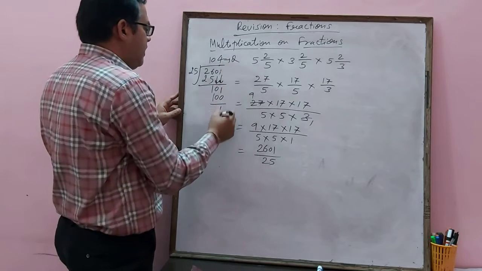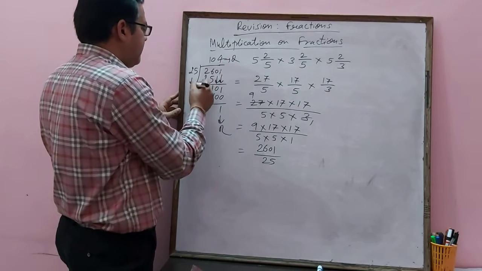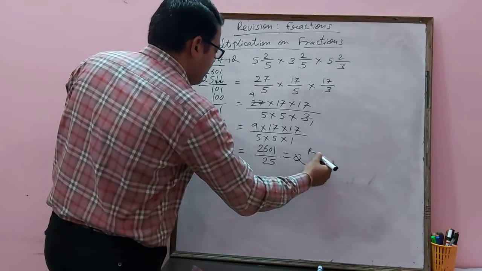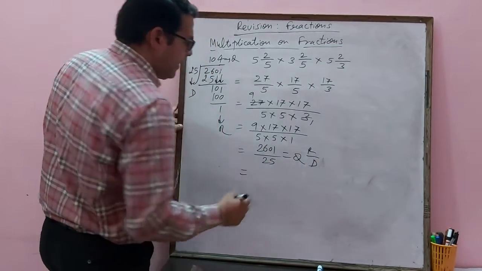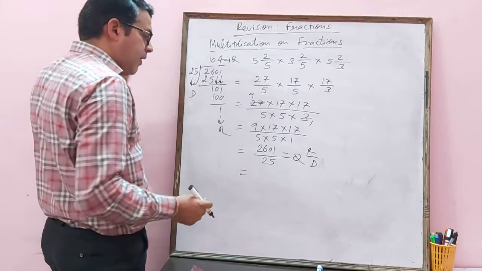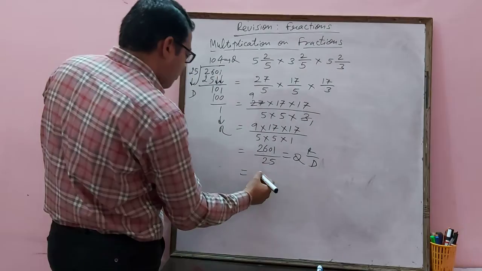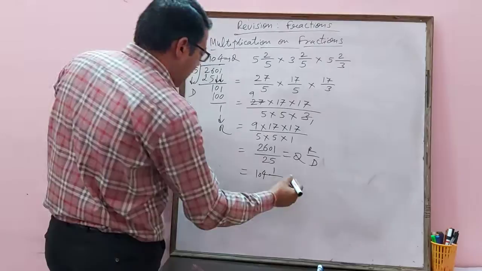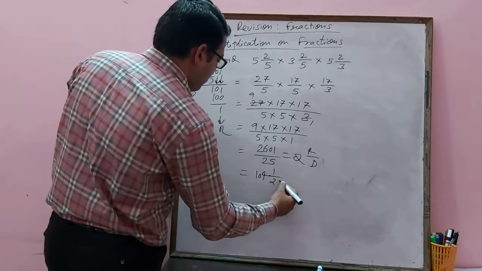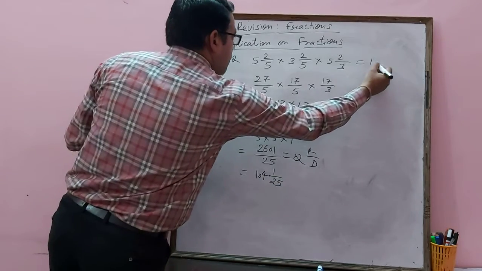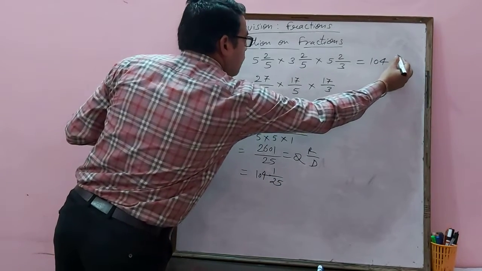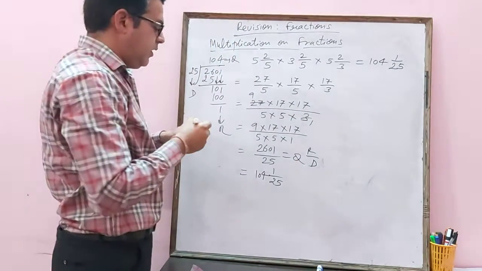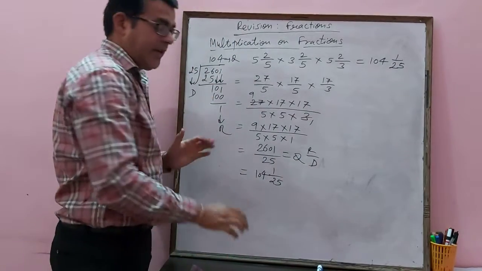This is the quotient, this is the remainder, and this is the divisor. The rule says that the quotient we write as the whole, then the remainder, then the divisor. So the quotient is 104, the remainder is 1, and the divisor is 25. So we can say that 104 whole 1 by 25 is the product of these three fractions.